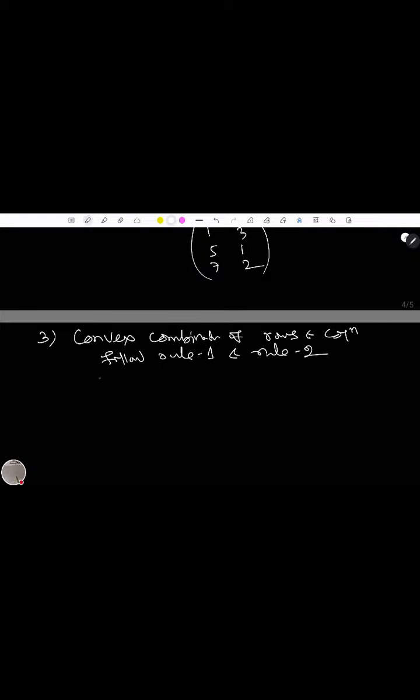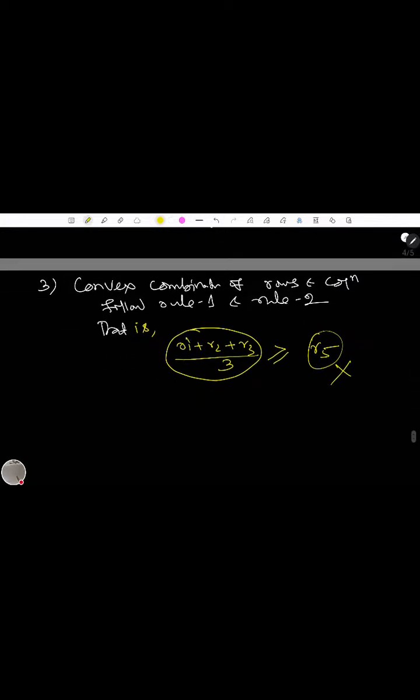What does it mean? That means to say, suppose here R1 plus R2 plus R3 divided by 3, the average of these 3, is superior to some R5, say, then what will happen? This R5 will be dominated, okay. So then here R1, R2, R3 will be there. This implies R5 is dominated.